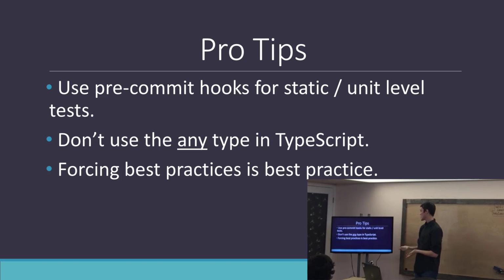So a few tips before I open up for questions. If you aren't familiar with pre-commit hooks, they could possibly be beneficial for your app. Before you make a commit, it will run your unit tests or your integration tests, and basically force developers to iterate earlier.